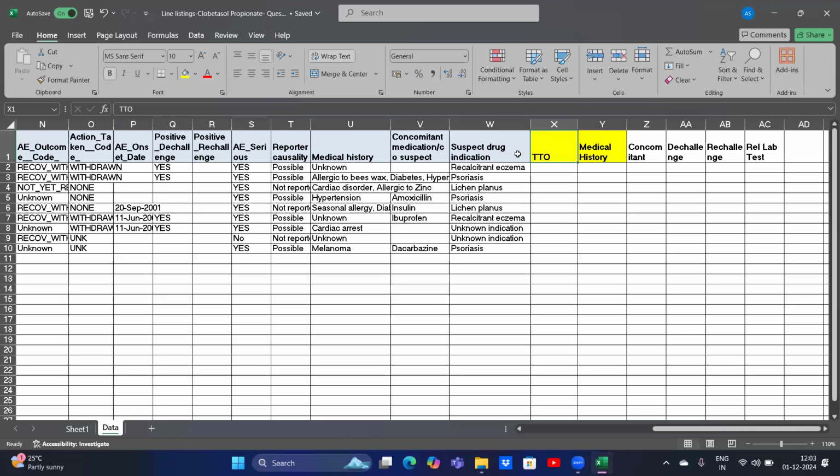No change in the pattern. If you are doing a signal evaluation report, you follow the same pattern, because everywhere you are trying to establish causality, which is the factor that will decide whether it will become an important risk or not.